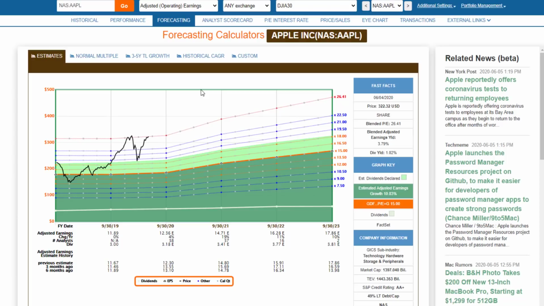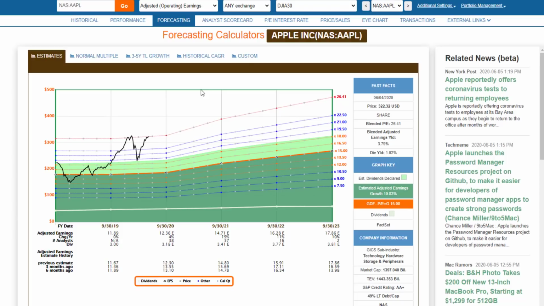So you always have to think of forecasting as kind of a range of forecasts, but you also have to recognize, as I say over and over and over again, those of you who follow me and followed my work know that I'm an absolute advocate of the notion that it's a market of stocks, not a stock market, which simply means every individual stock needs to be evaluated, measured, and researched on its own merits and not in the context of a quote-unquote general market, which is really an illusion in the first place.